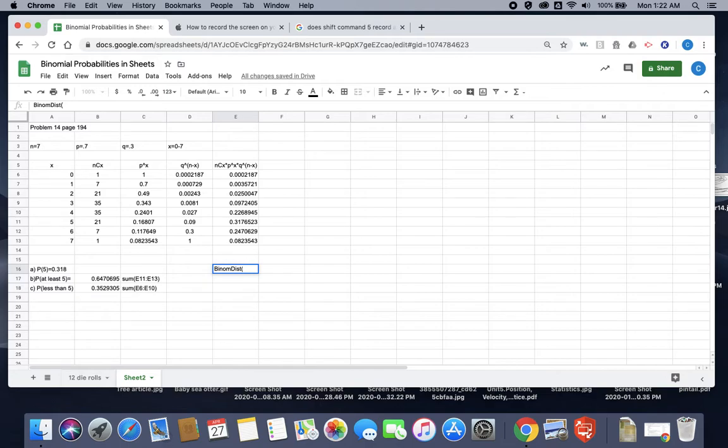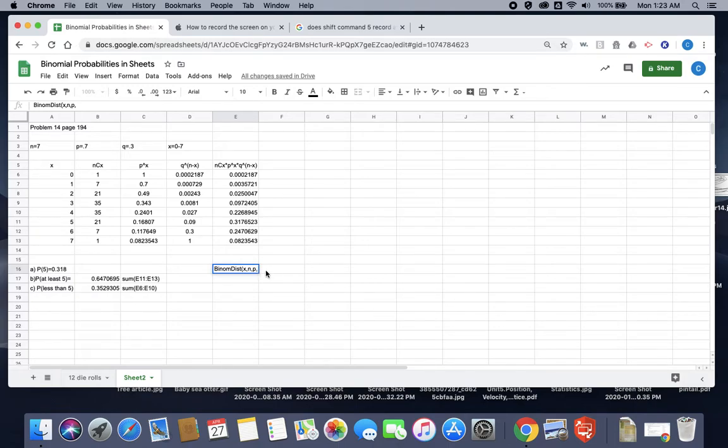And in binomial distribution, we need to input our number of successful trials, which is x, our number of trials total, which would be n, our probability of success, and lastly, we need to tell it whether we want to calculate an individual probability or a sum or a cumulative of probabilities.